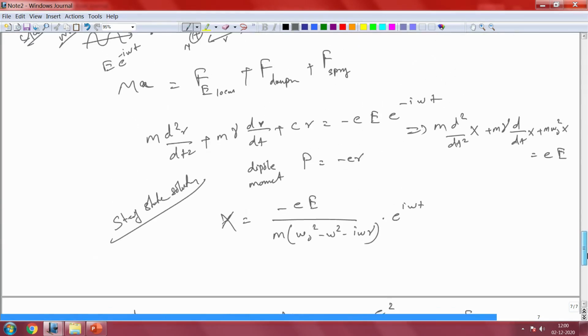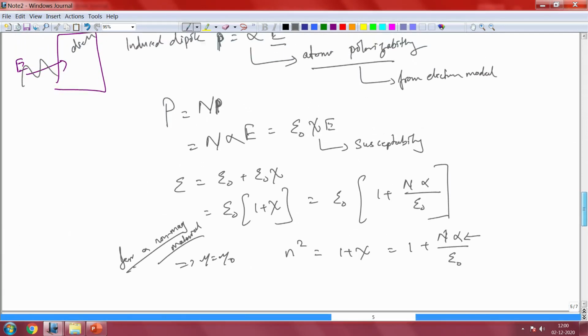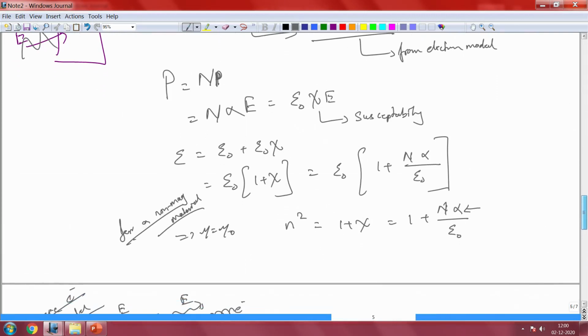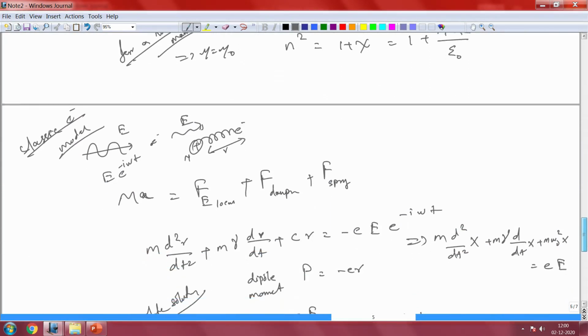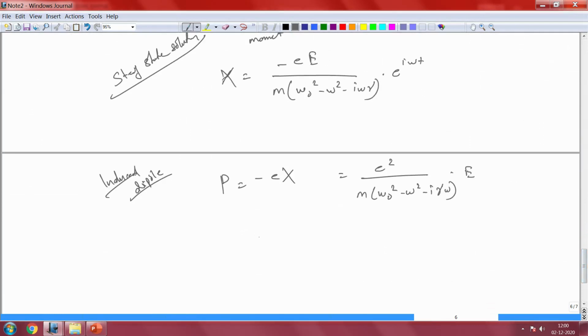From the induced dipole we could calculate this alpha, right, without the electric field there. So alpha is nothing but E squared over m times omega naught squared minus omega squared minus i gamma omega.